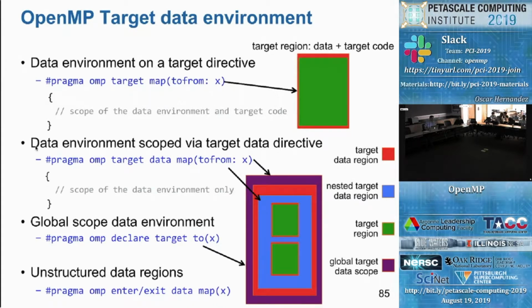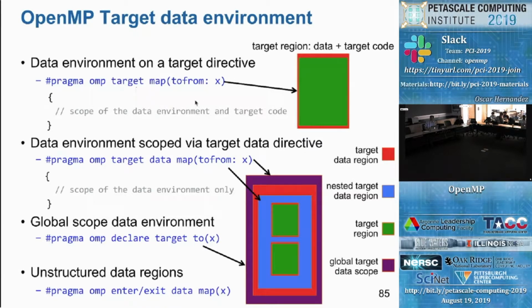Here, I just want to mention that when you use OMP target, you are specifying a data environment and also a target region, some code that you want to execute in the accelerator. So you're doing both things.